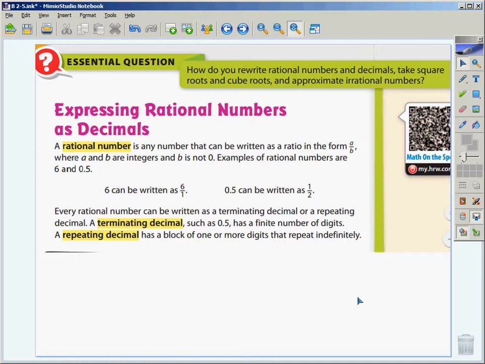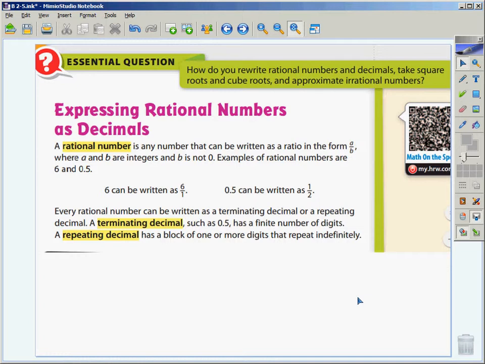What is the square root of 4? 2. So it's a rational number. But the square root of 3 is irrational. Although your calculator may stop, that number itself would never repeat, never have an end. The square root of 2, also irrational.